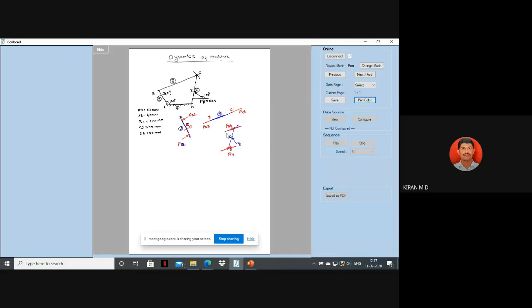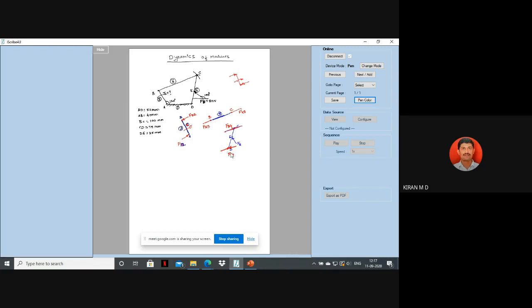Here, see, for any couples, if the body undergoes two forces, one force is in this direction and another force is in this direction, when it is having the oscillating or rotation. Is it clear? We have studied about those conditions. So just I drew that one.